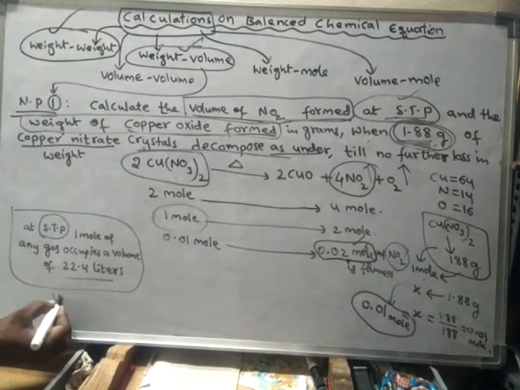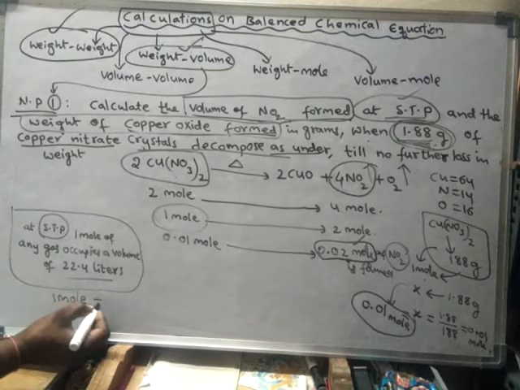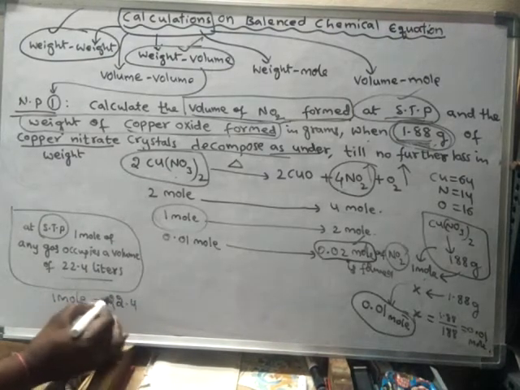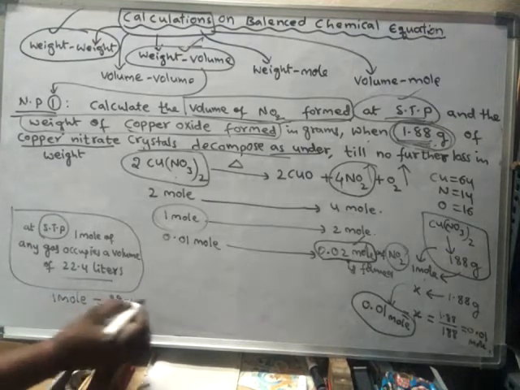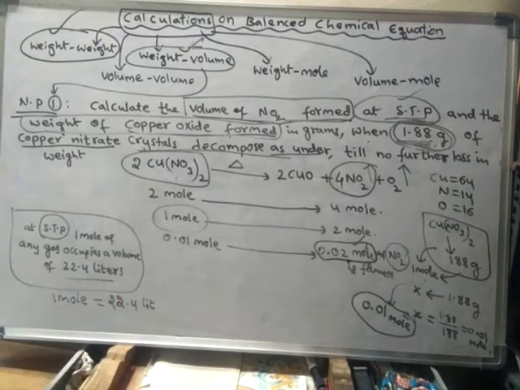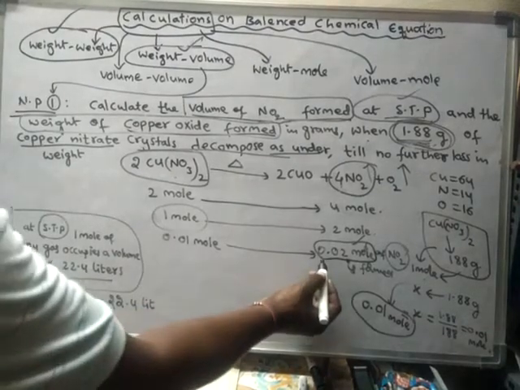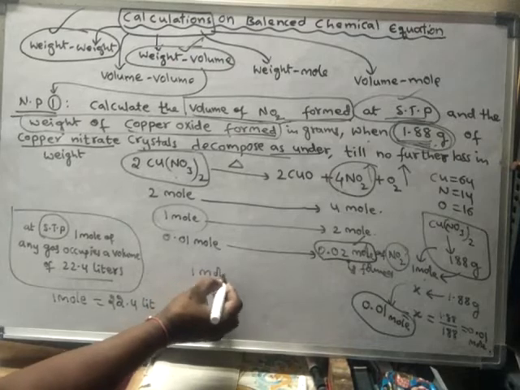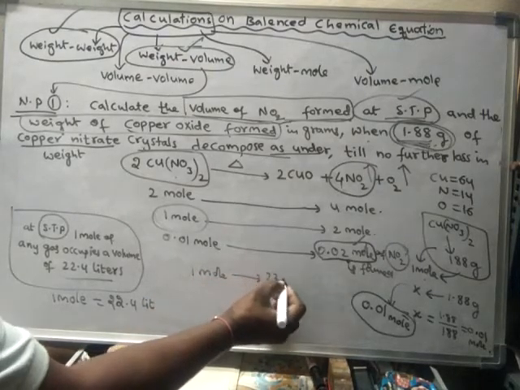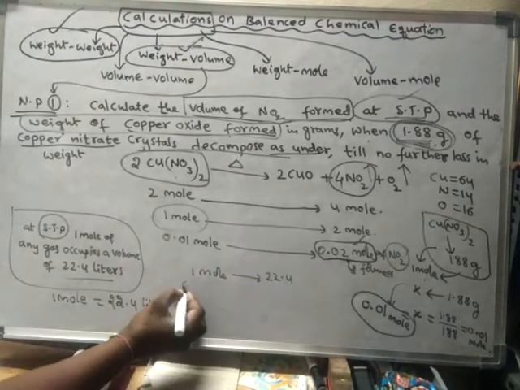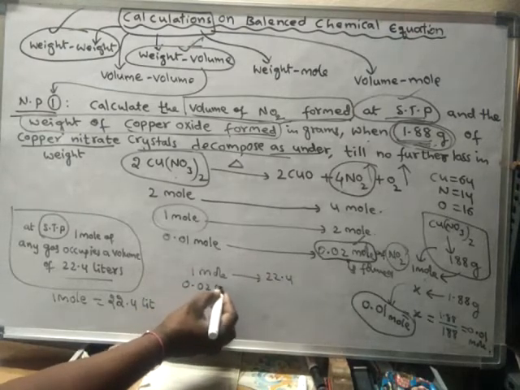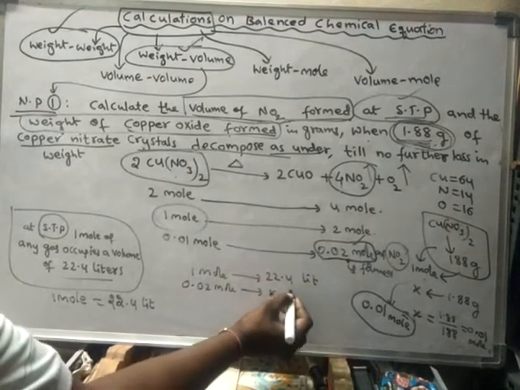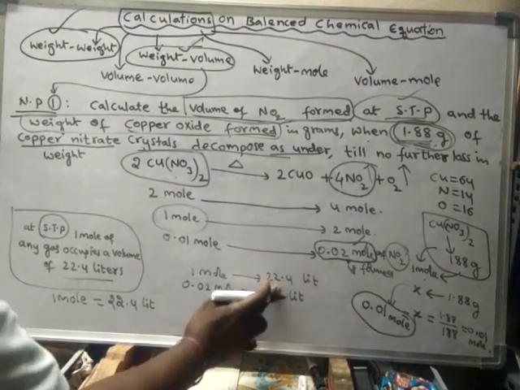So if 1 mole equals 22.4 liters, then 0.02 moles will be equal to how many liters? Some Y liters.